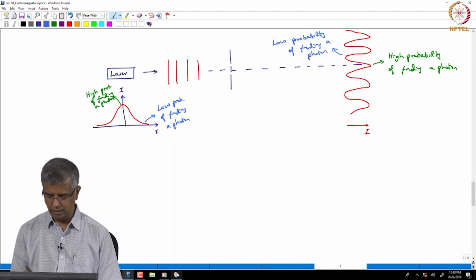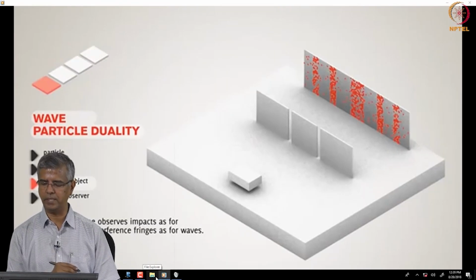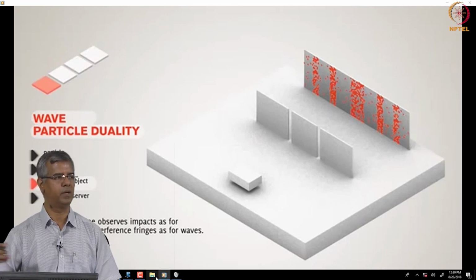So, that actually reverts back to this picture over here. So, clearly we see that in this picture you have certain regions where the photons are denser, when you have a large number of observations.